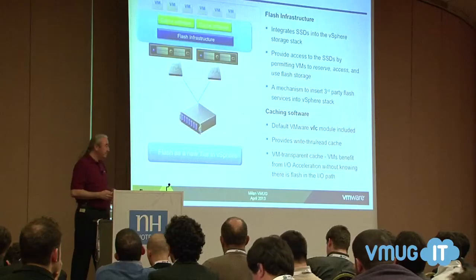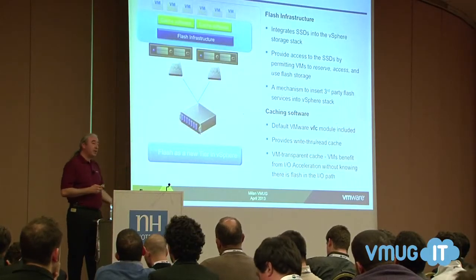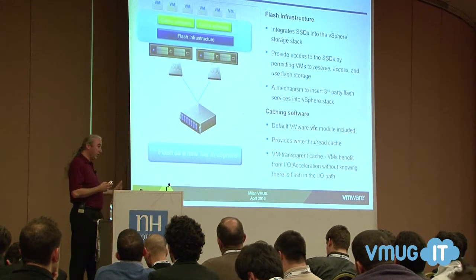In other words, your virtual machines will leverage the cache without knowing that it's doing so. We're also thinking about doing VM aware caching. This is where you will carve up a VMDK and present it as a disk directly into your virtual machine as well. But that's something that's a way down on the roadmap as well. So initially, it's a VM transparent, read-only cache that we're looking at introducing.